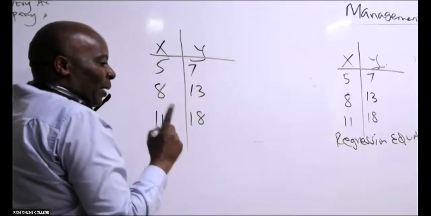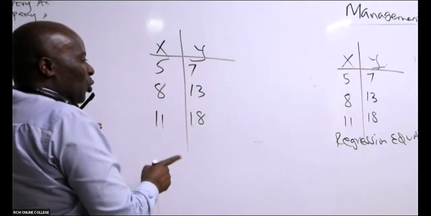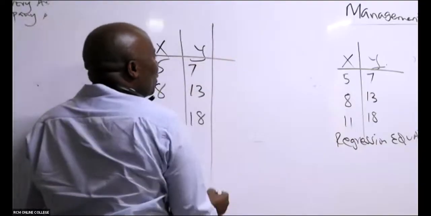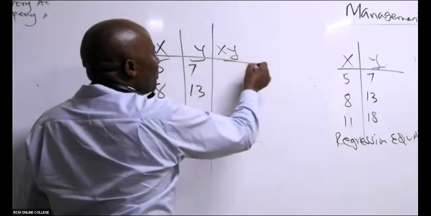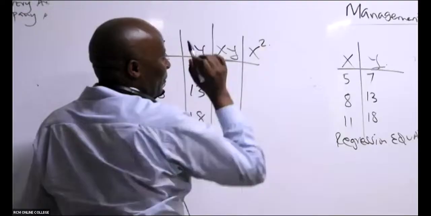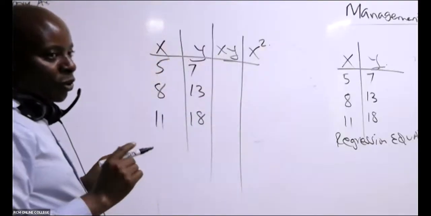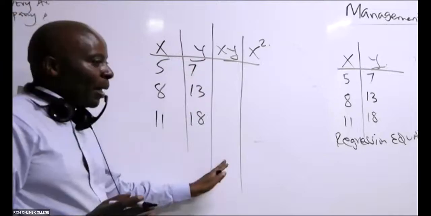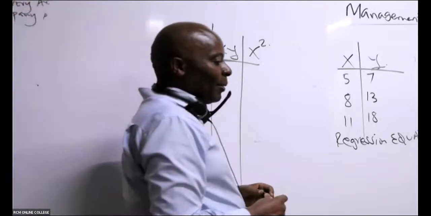Whenever you look at your past papers, we have so much in the form of these regression equations. What you need to do is create two extra columns. The first column will be xy, and the second column will be x squared. Those two columns are very important. Kindly create them and then fill them up.